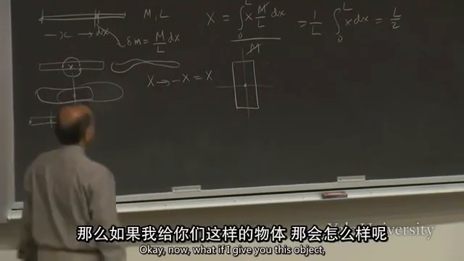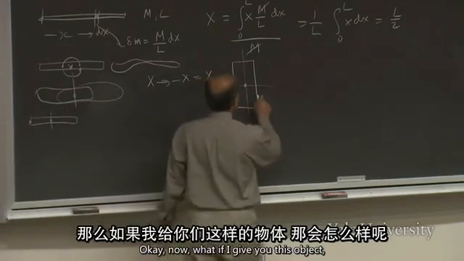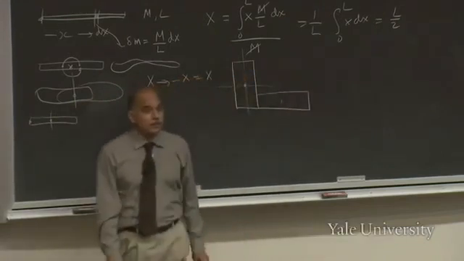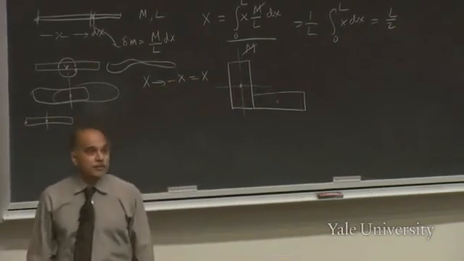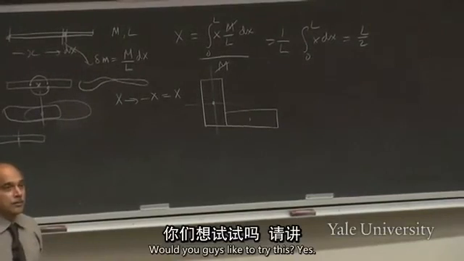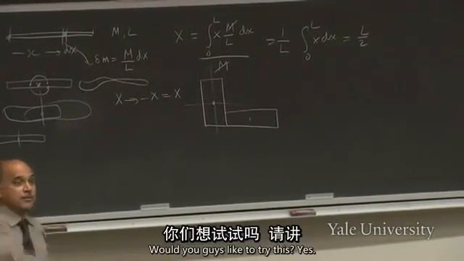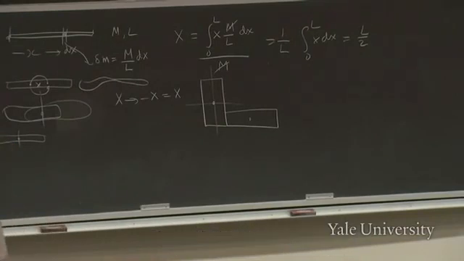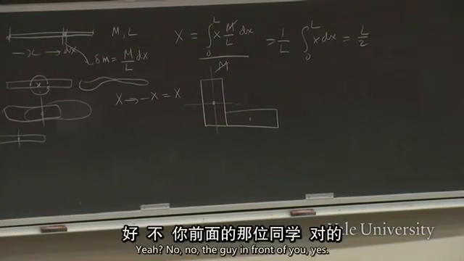Okay. Now what if I give you this object? Anybody want to try that? Would you guys like to try this? Can you tell me where the center of mass should be? Yeah.